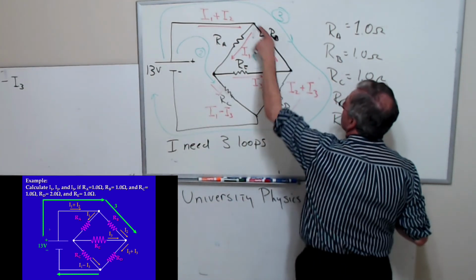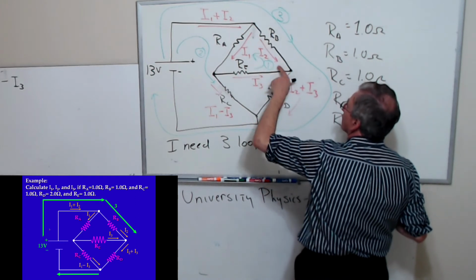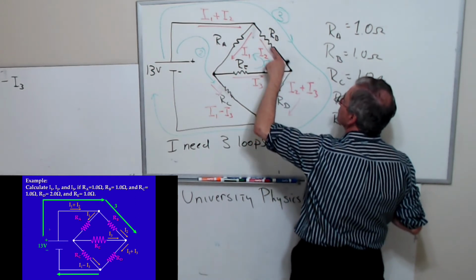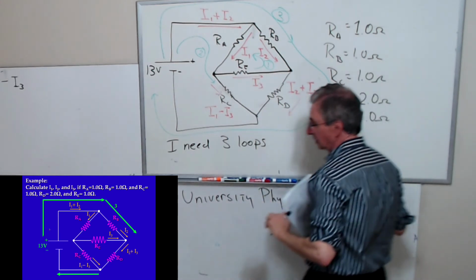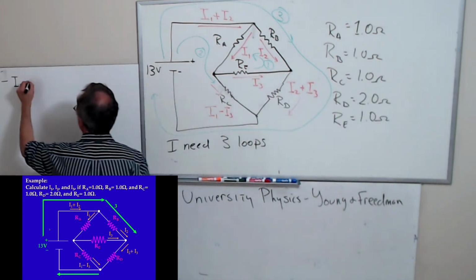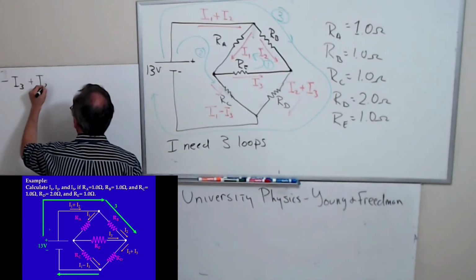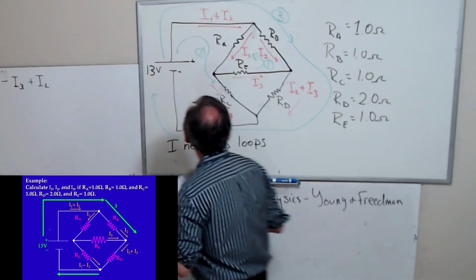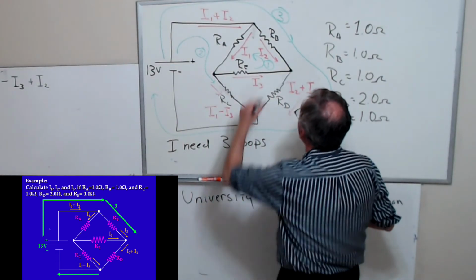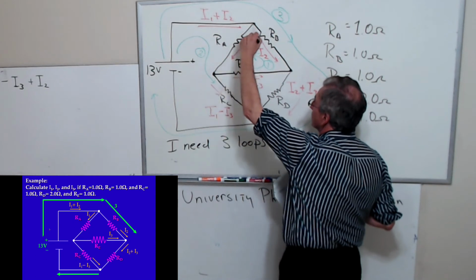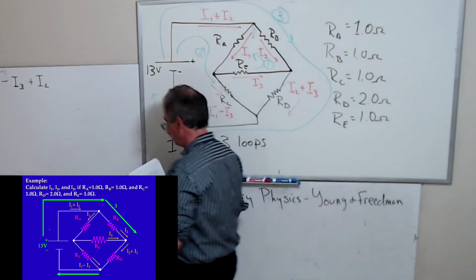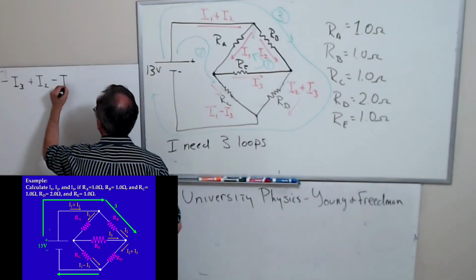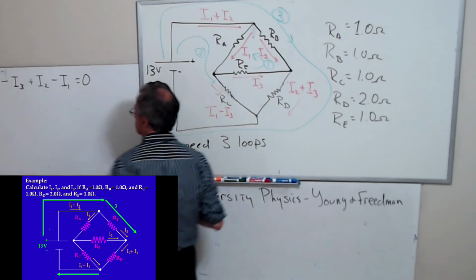Then I get to this one, I2. I'm going against the direction of the current. That's the voltage gain. And then I go in this direction, I get a voltage drop. That's my first loop.